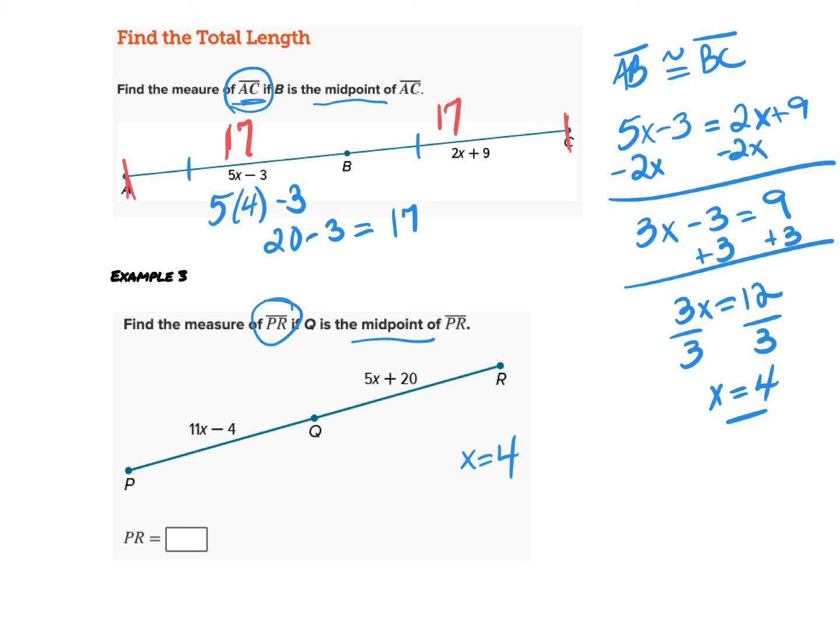You can always confirm that by plugging 4 in for x. 2 times 4 is 8, and plus 9 does equal 17. So 17 plus 17, the length of AC, equals 34. And that would be my correct and final answer.